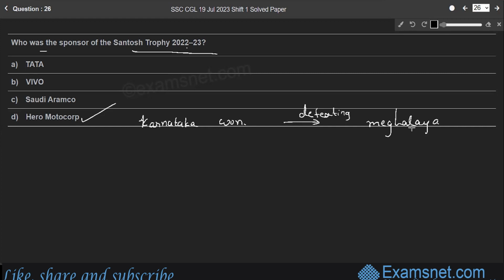Due to sponsorship ties with Hero Motocorp, Santosh Trophy is also known as the Hero National Football Championship.